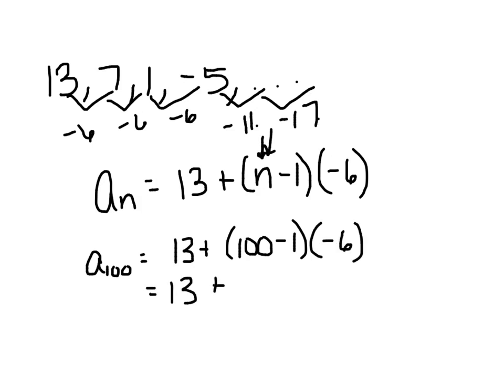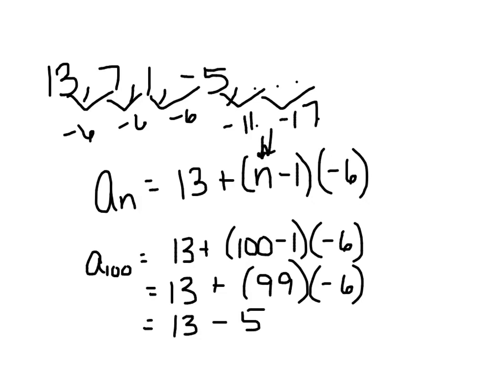If I take 13 and then 99 times negative 6, we get 13 minus 594, which would then equal negative 581.